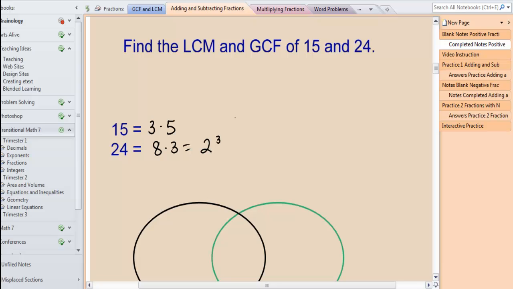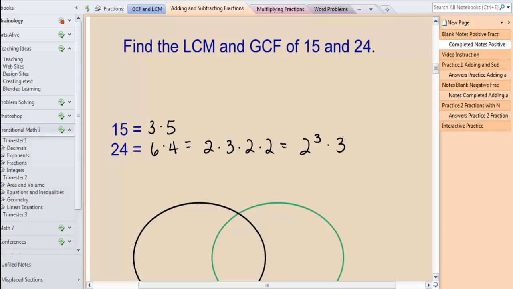I just happen to know that 8 is 2 cubed times 3, or maybe you're thinking of it as 6 times 4, which is the same as 2 times 3 times 2 times 2, which equals 2 cubed times 3 as well. So if you have a pretty easy number, don't worry about drawing the whole prime factor tree out, but you do need to find the prime factorization of each.